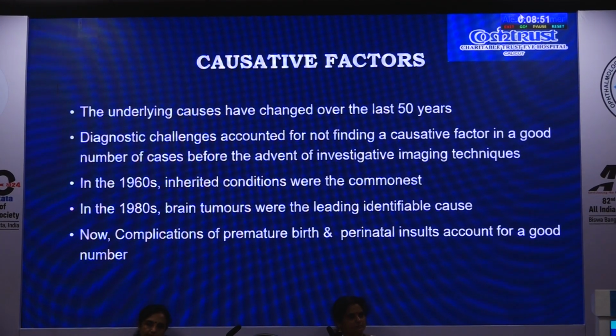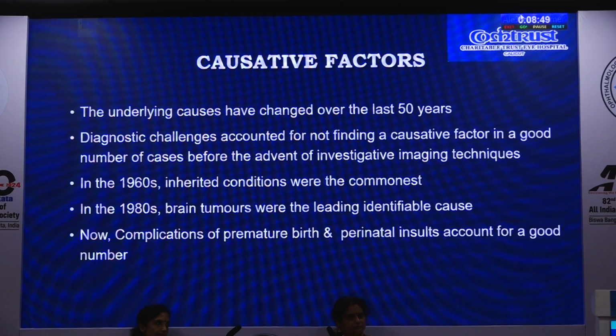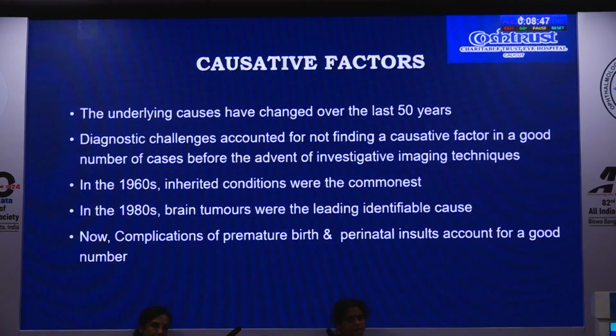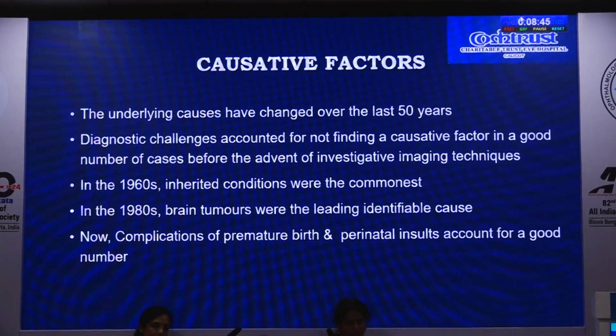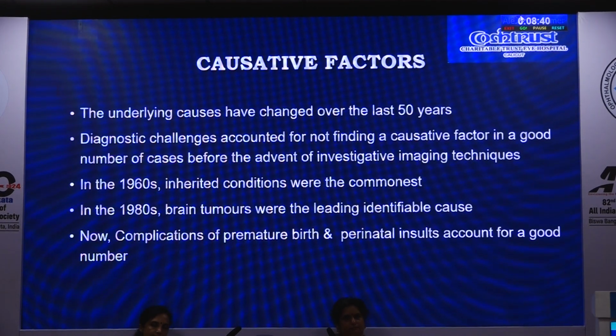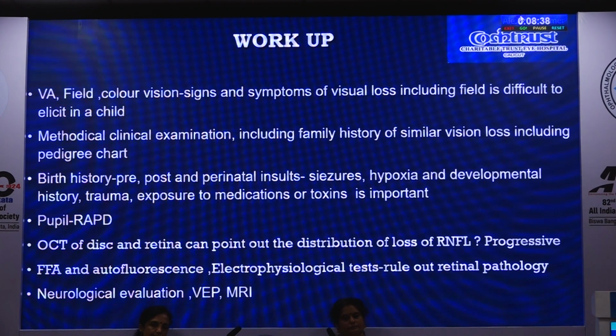In the 60s, inherited conditions were considered the commonest. In the 80s, brain tumors, and now complications of premature birth and perinatal insults account for a good number of these cases.